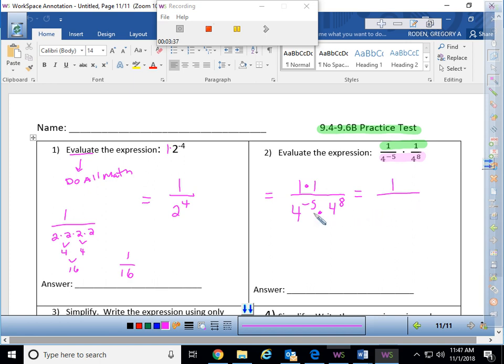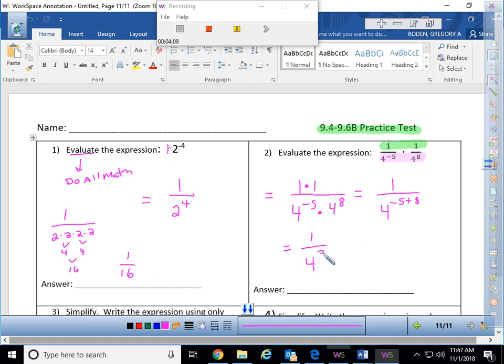Now, what's the rule when we have the same base and we're multiplying? Well, we add it. So this is going to be a negative 5 plus 8. When you have the same base and you're multiplying, you copy the base and add the exponents. Alright, so let's clean this up a little bit. Well, what's negative 5 plus 8? That's 3.